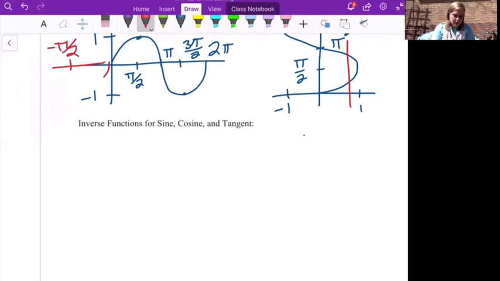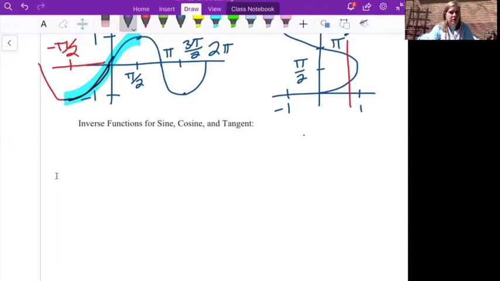Because remember, sine continues on. So if we restrict our sine function to just be between negative pi over 2 and pi over 2, then whenever we flip it to get that inverse, it's still going to be a function because it then would pass the vertical line test. So let's just make some notes of this.